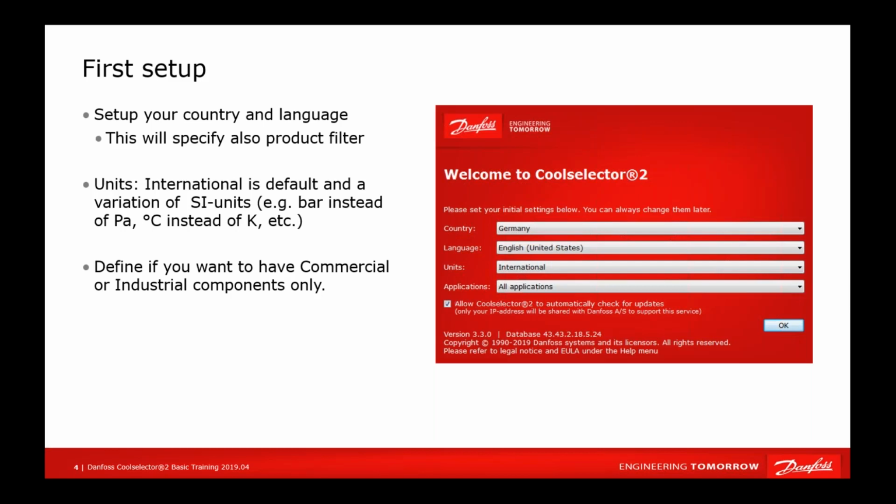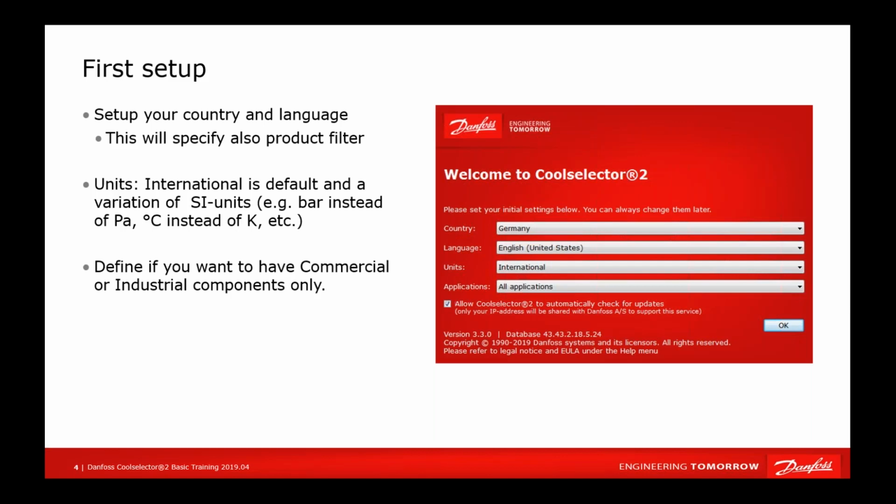Going for SI units, then it's definitely only SI units such as Pascal for pressure and Kelvin for temperature, not only for difference. We have also the US units, going with PSI for pressure and Fahrenheit for temperature, tons for the capacities, etc.